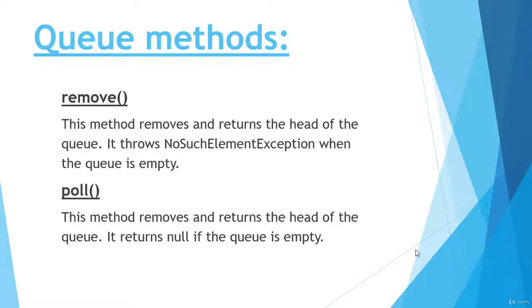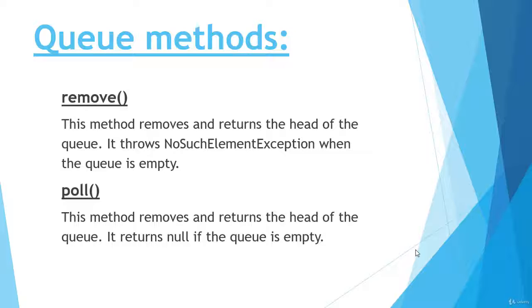Next we have the remove method. This method removes and returns the head of the queue. It throws a no such element exception when the queue is empty. We know that we always remove elements from the head of the queue. So this method is going to remove the head of the queue and also return it, and if the queue is empty, then we will get the no such element exception.